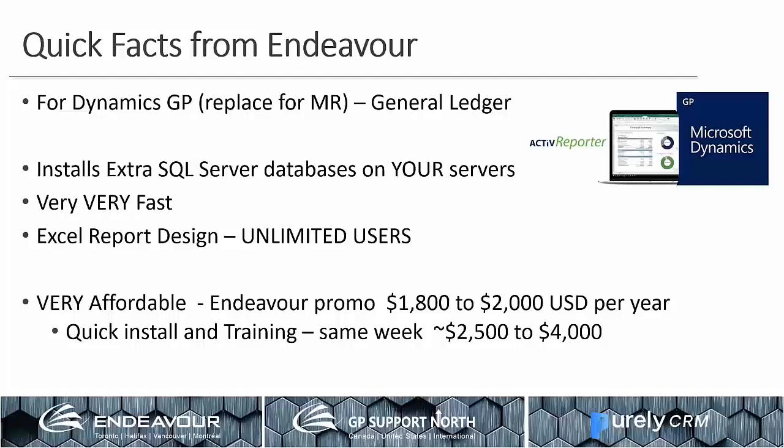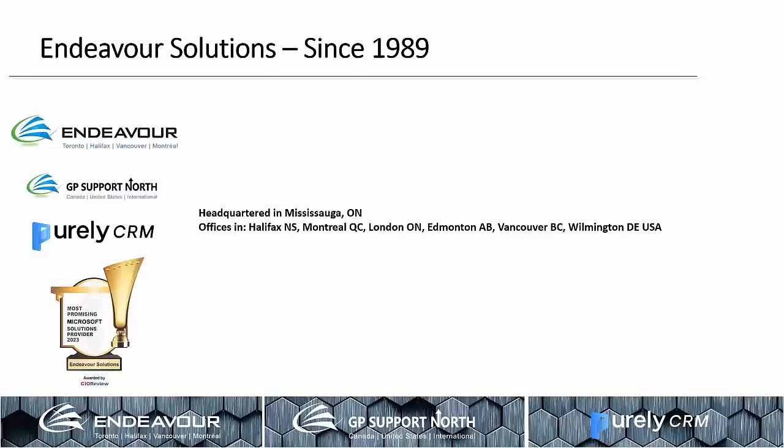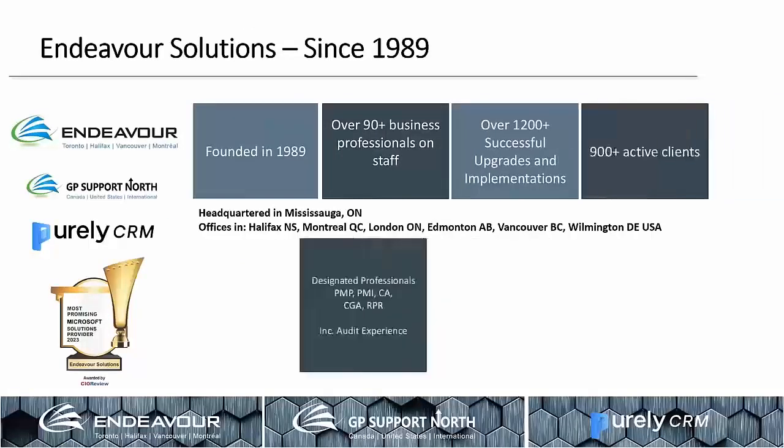A quick installation and training is $2,500 to $4,000, depending on how much training you need. Or some clients have space limitations, or they have their database on a separate server than the GP production server, and there's a little bit of extra tweaking, but all in, maximum $4,000 for an implementation, and then that $2,000 per year makes this very affordable, a nice easy way to have some quick wins and new tools to help you get more out of your GP system.